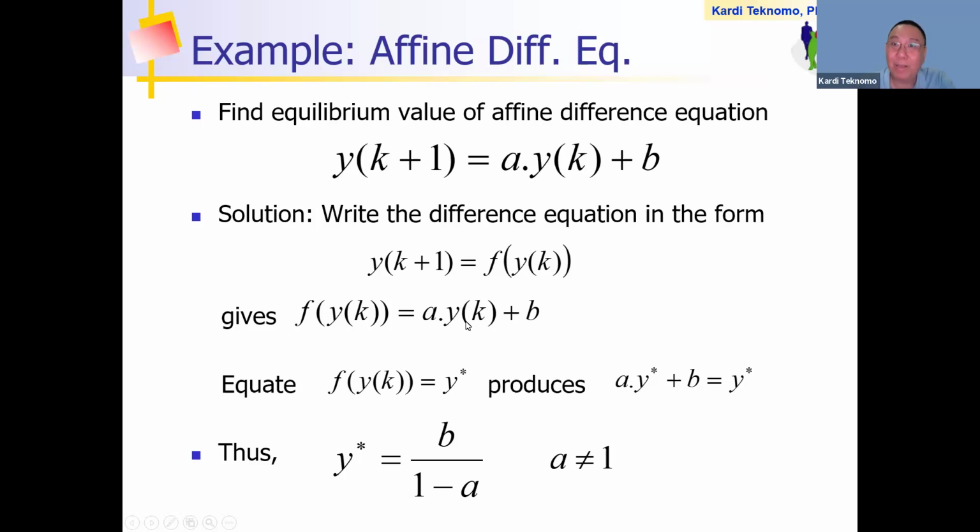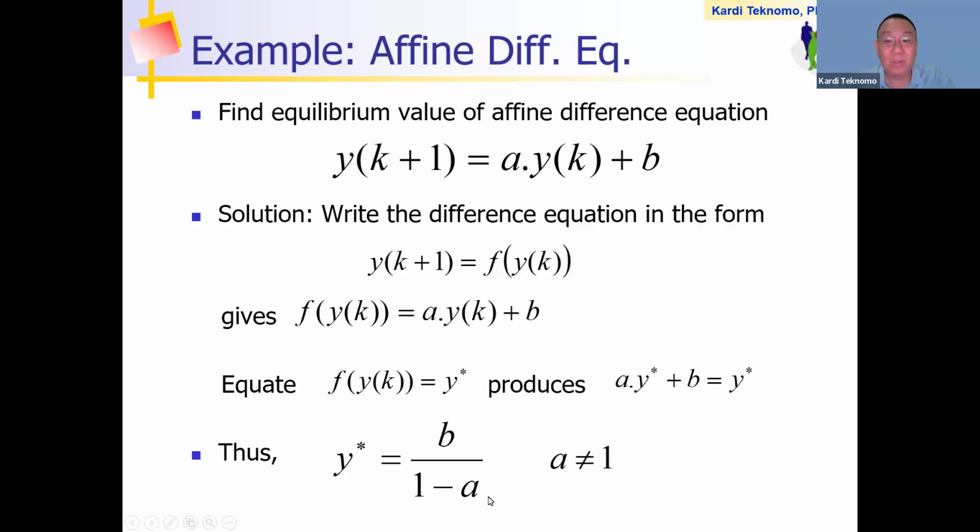Then we equate this to y star, the equilibrium value. So y star equals a times y star plus b. Using algebra, you can get y star equal to b divided by 1 minus a.